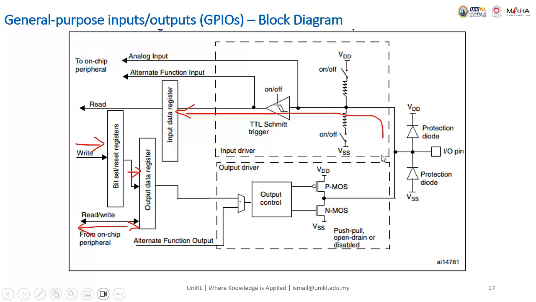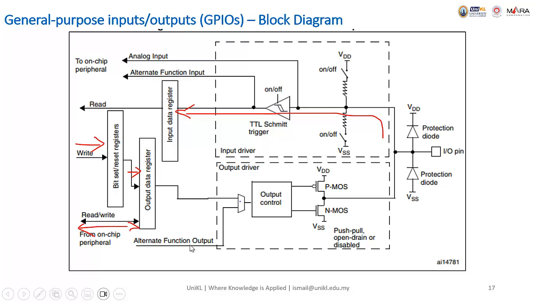So the data we can input here goes to the input register, right? And then we can write the data here to the output data register, to the output control, to control the push-pull or open-drain here to the output, right? We can read the status of the output by reading the output data register here, right?